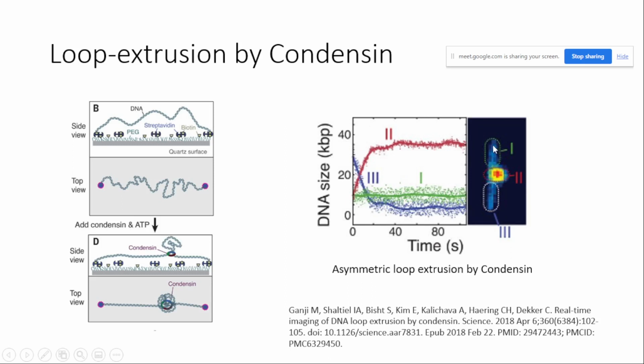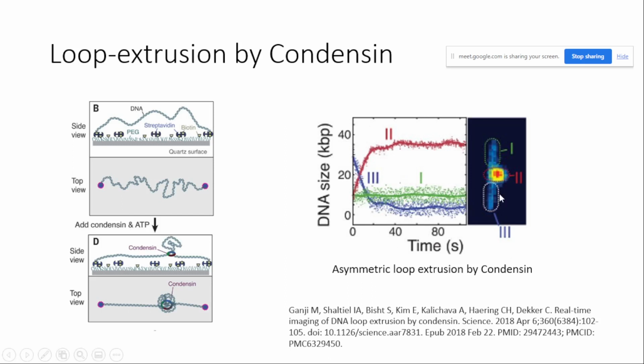But region 1 is not decreased. That means it is only taking the loop from this region. Okay, very good. So this loop extrusion was taken from a particular site, which is region 3 here, not region 1. That means the loop extrusion by the condensate in this experiment is asymmetric.